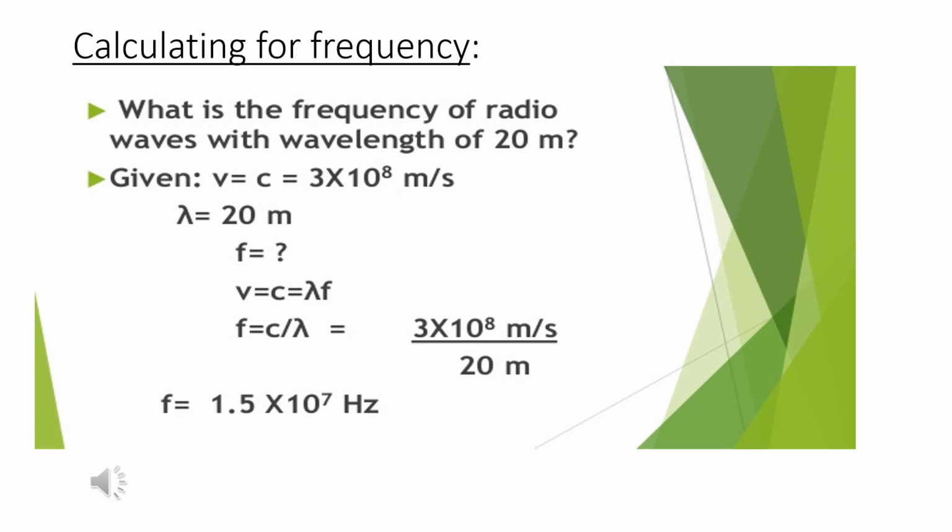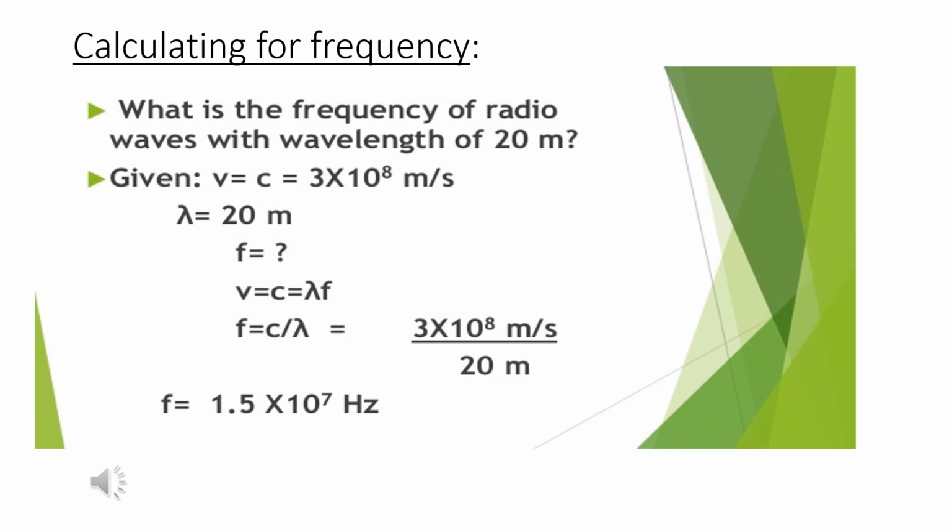V is 3 multiplied by 10 to power 8 meters per second, and the wavelength is 20. So we are dividing 3 multiplied by 10 to power 8 by 20. Now, when we are dividing, what happens to the powers? We subtract. Since this is power 8 and there is no power here, this means it's power 1.